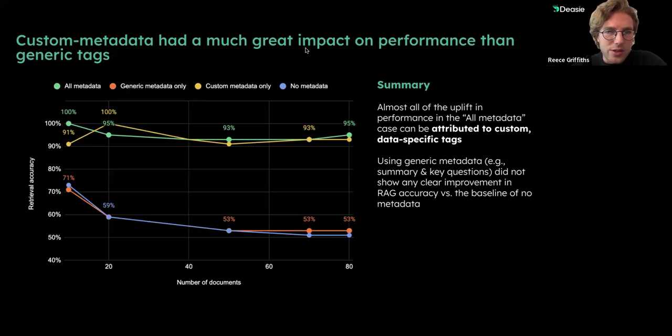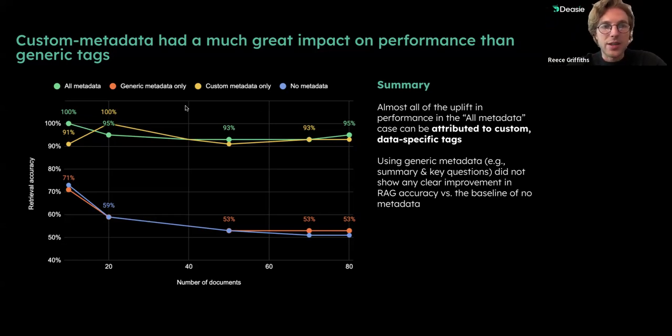The result here is, if we compare the green case, which is using all the metadata, the key takeaway is that when we only use the custom domain-specific metadata, the retrieval accuracy was basically maintained. So the uplift in retrieval accuracy from metadata, at least in this experiment, can pretty much all be attributed to the custom domain-specific metadata.